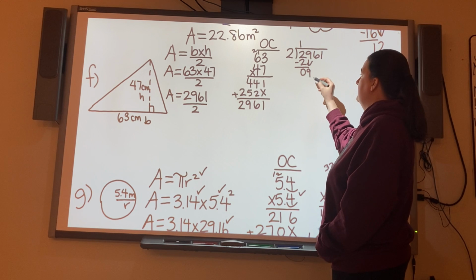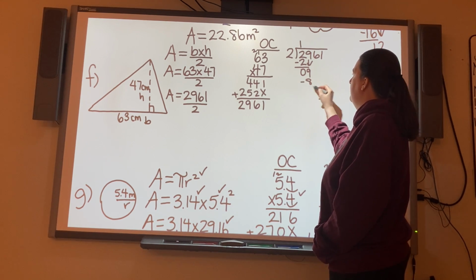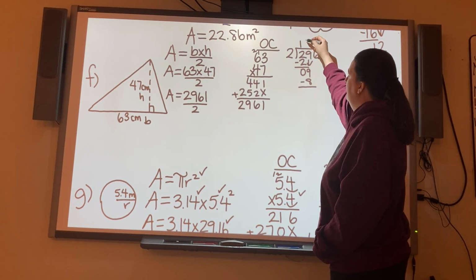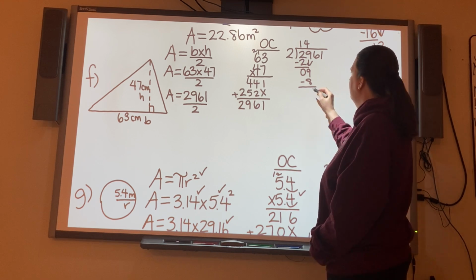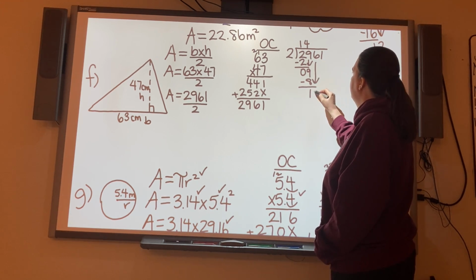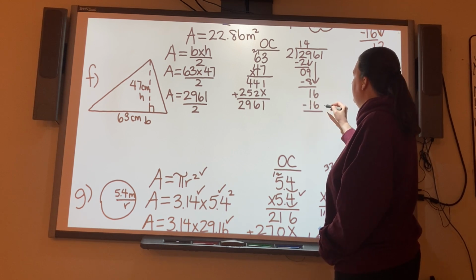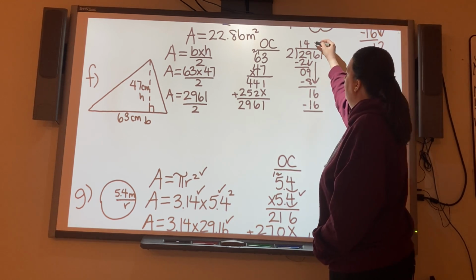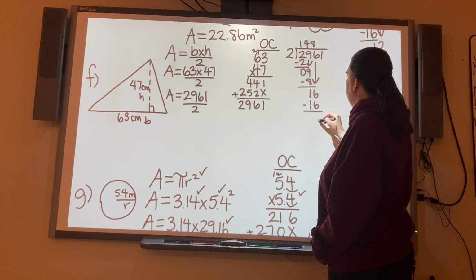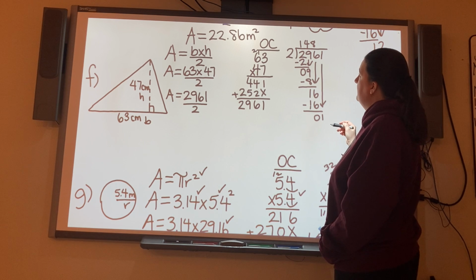Look down your 2's, the closest thing to 9 without going over. Look on the side, your answer. 2 goes into 16, look down your 2's, the closest thing without going over, and then look on the side, your answer. 2 can't go into 1.